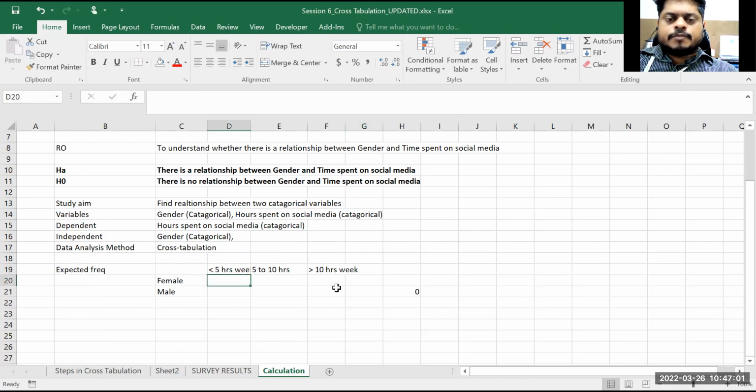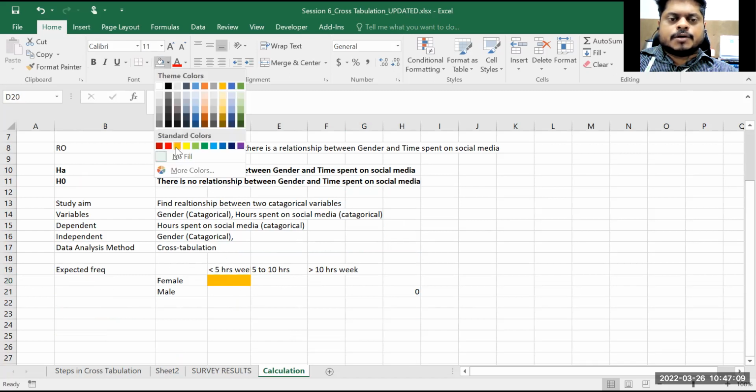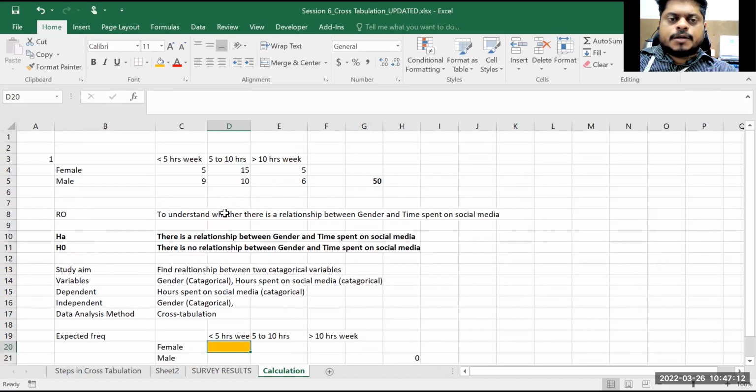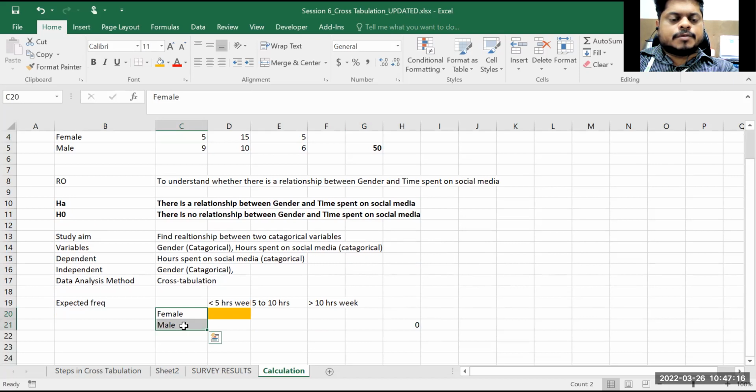So when I'm calculating for this cell, for cell number, this D20, right? What will my formula be? The same structure.